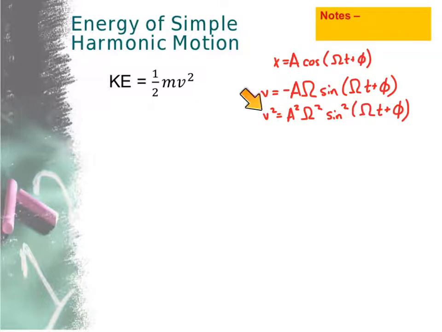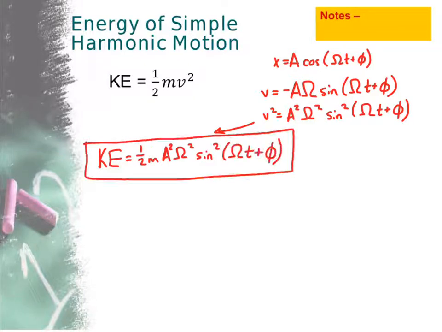So let's replace v squared with this whole thing over here. For kinetic energy, we end up with 1/2 m a squared omega squared sine squared of omega t plus phi. Now that looks pretty confusing and not very interesting, but we can recognize a couple of things in here.